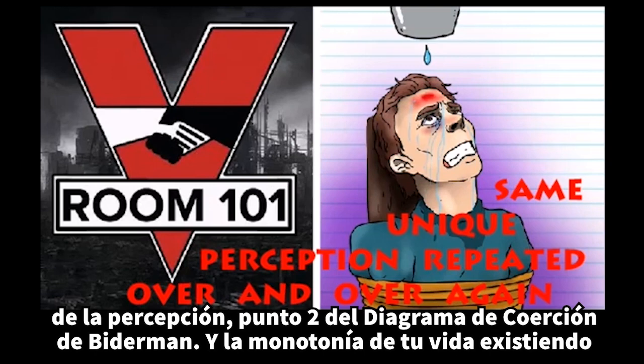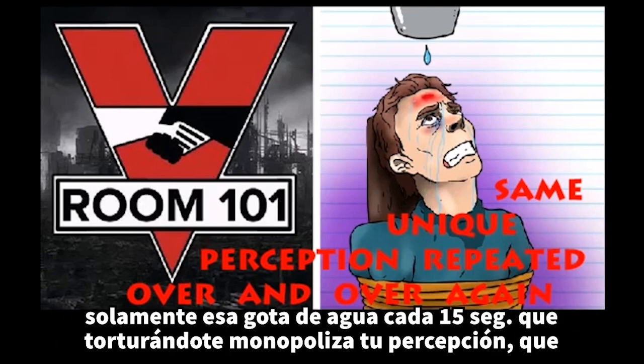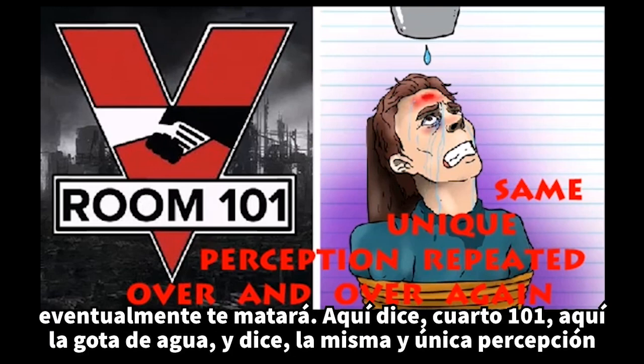Point 2 of Biderman's chart of coercion, and the monotony of your life, existing only of that drop of water every 15 seconds, with your torturers who monopolize your perception, that will eventually kill you.